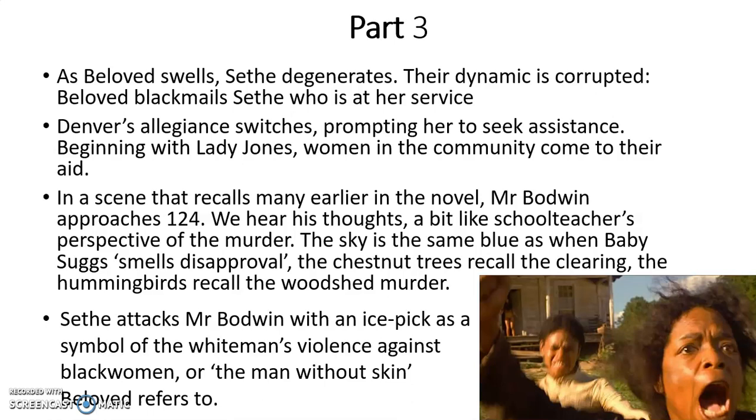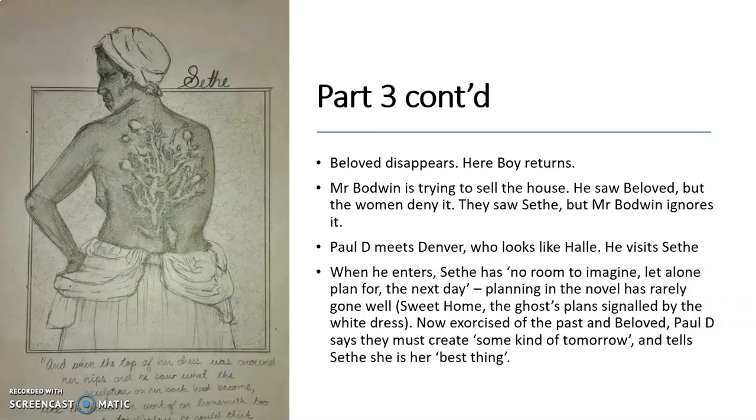So this whole idea of thresholds and men coming to the very female space of 124, which is what the novel opened with, Paul D's arrival, we've come full circle, haven't we? So we've got Sethe pushed to her limits yet again. So that is everything that you have read over Easter, and I hope that you've understood it.